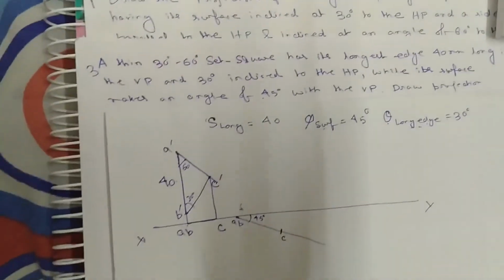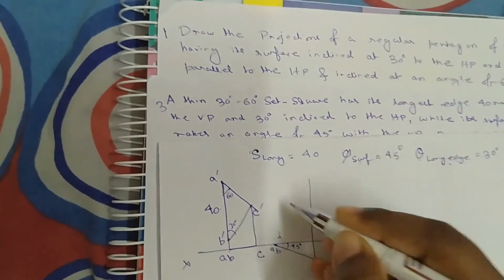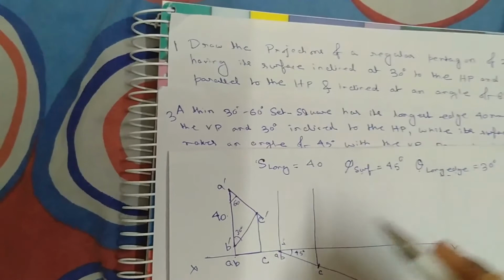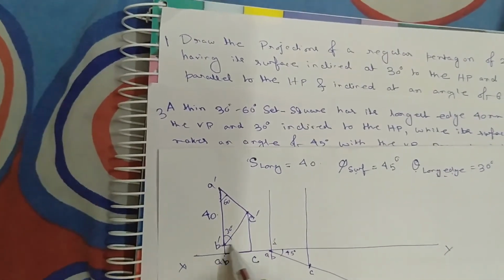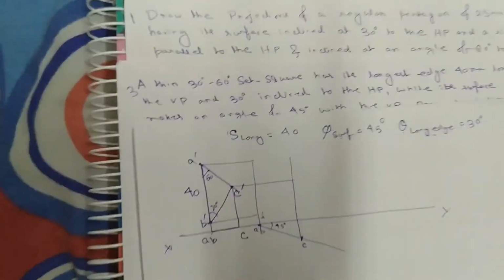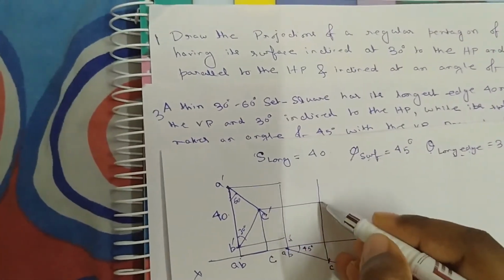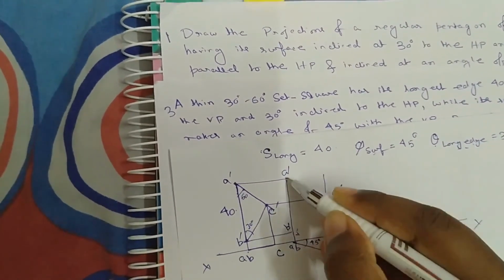Now we have to extend all the points from the front view and also the top view. This is C dash, A dash, B dash.